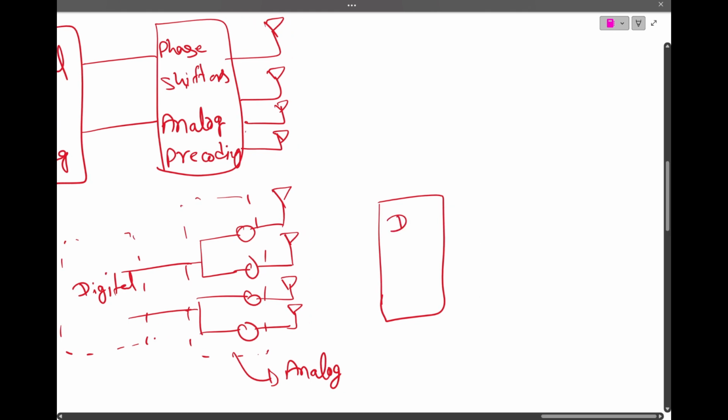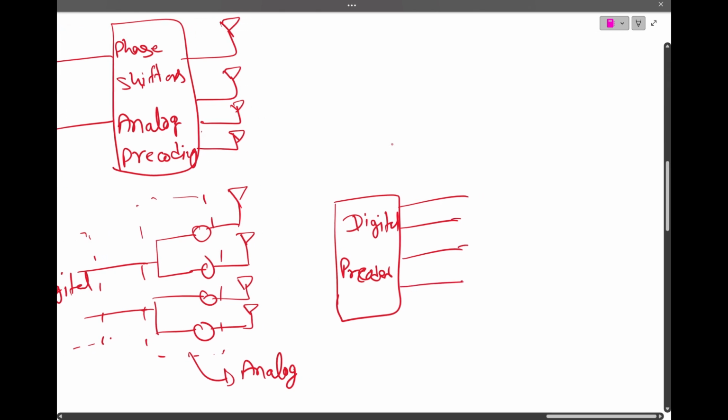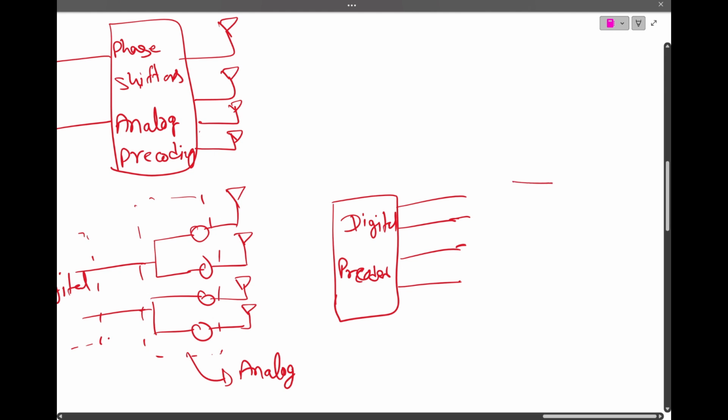One of the complicated ways, which we also have practically, is that from this digital precoder, we are considering the 4 antenna case, each of the chains is connected to each of the antenna elements.